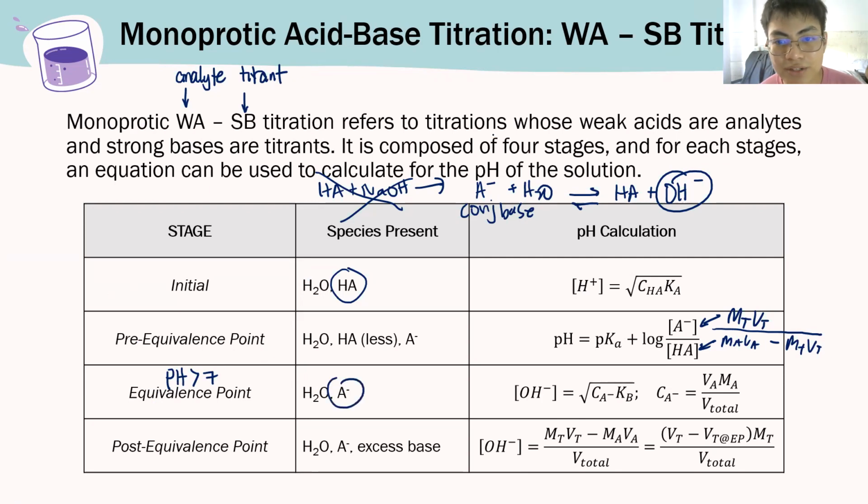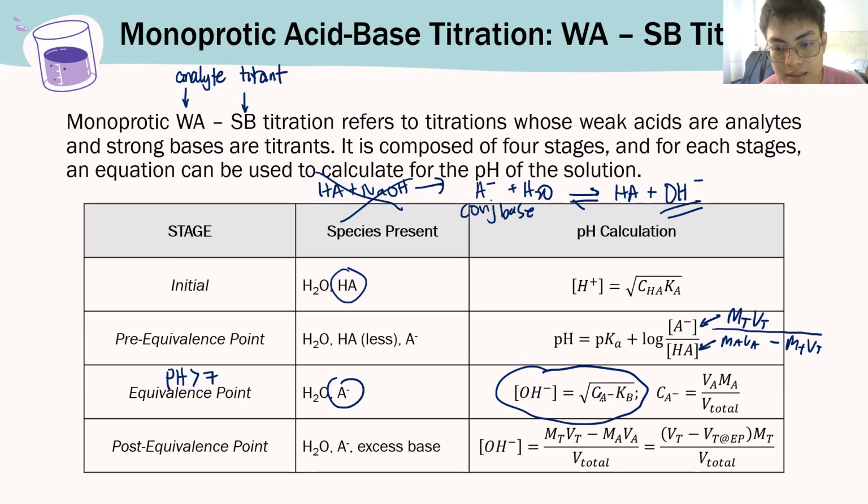When the conjugate base joins with water, it produces the OH. This is an equilibrium equation. So we can apply the similar thing: make an ICE table there. But eventually, you will get this equation: the concentration of OH equals the square root of the conjugate base concentration times Kb.